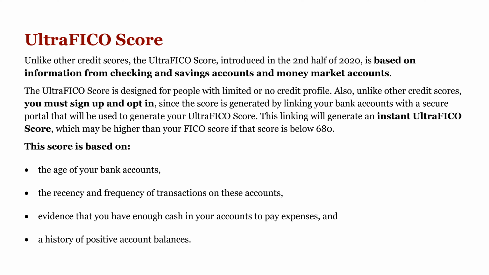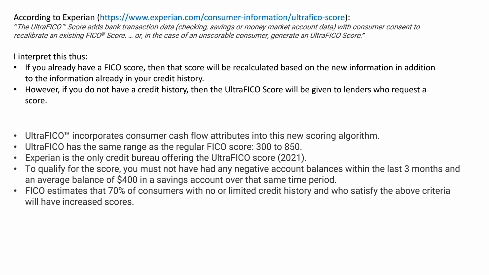This linking will generate an instant score, which may be higher than your FICO score if that score is below 680. This score is based on the age of your bank accounts, the recency and frequency of transactions on these accounts, evidence that you have enough cash in your accounts to pay expenses, and a history of positive account balances.